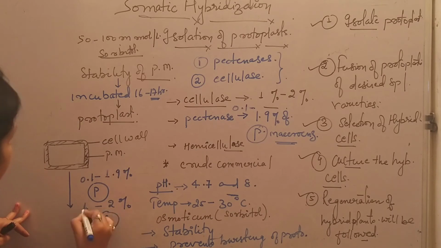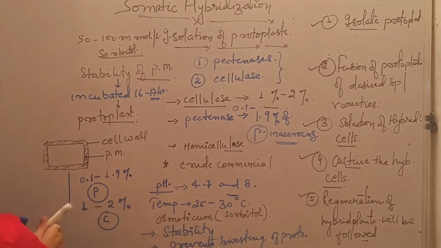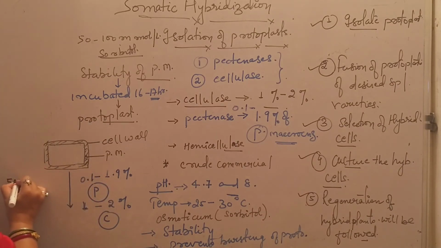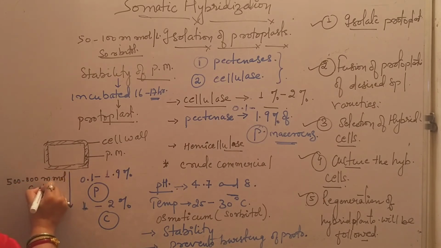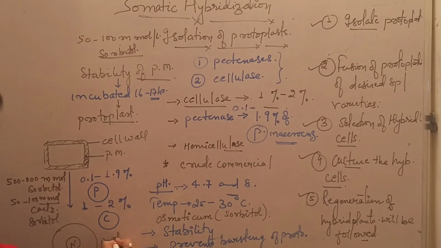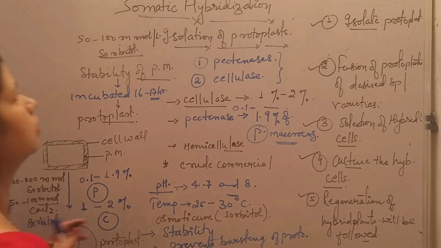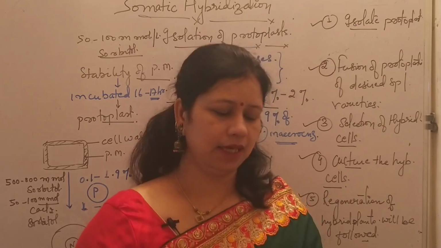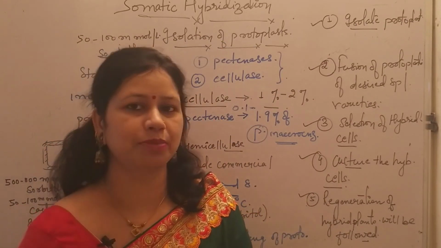Accordingly, 500 to 800 millimolar concentration of sorbitol is added, and 50 to 100 millimolar calcium chloride is added to sorbitol. After that we will get the protoplast.